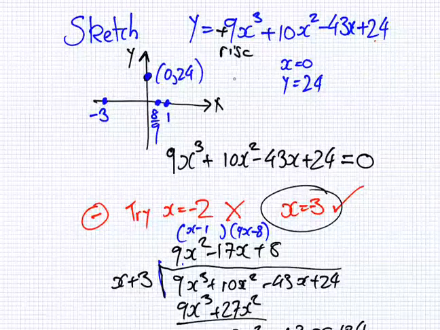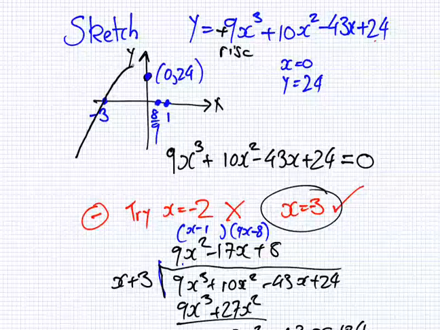Ugly. Plus 8. And then when you multiply, you get 8x plus 24, so you're finished.